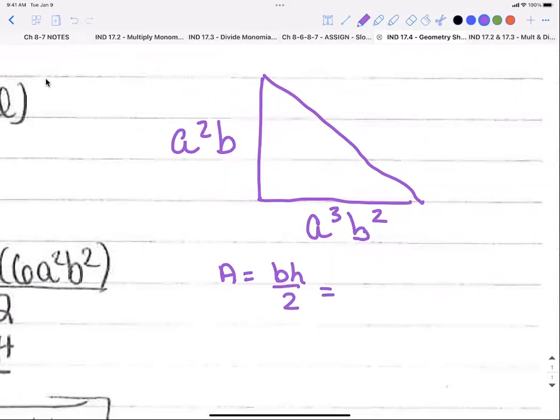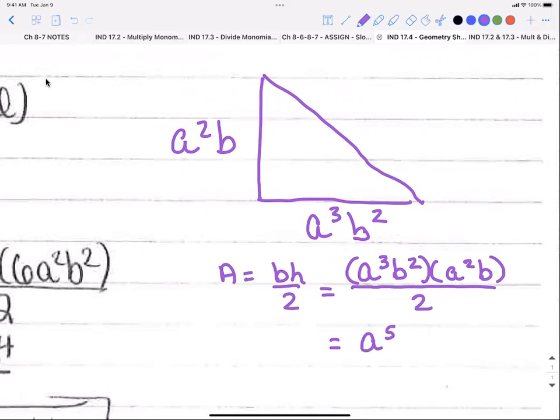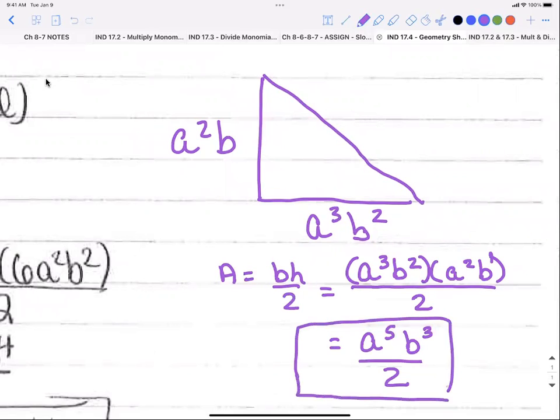So in this case, that is a cubed b squared times a squared b all over 2. So no numbers across the top to multiply. So just a cubed times a squared is a to the 5th. B squared times b to the 1 is b cubed, over 2. And that's just your final answer. There is nothing to divide by 2. So you just leave it like that.